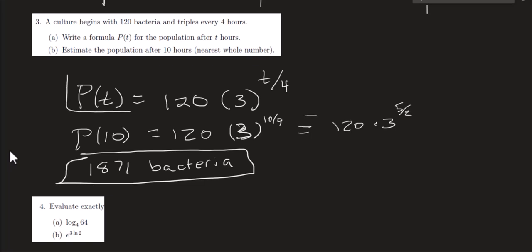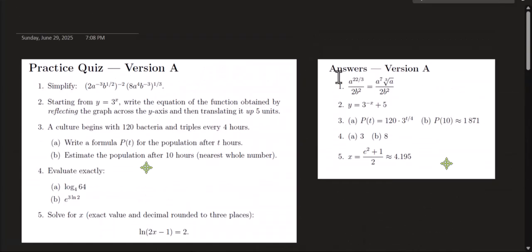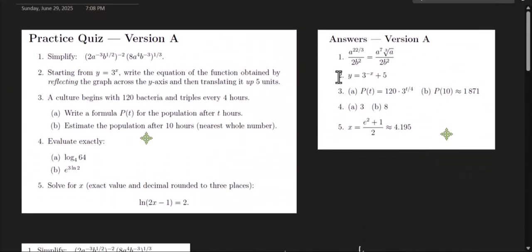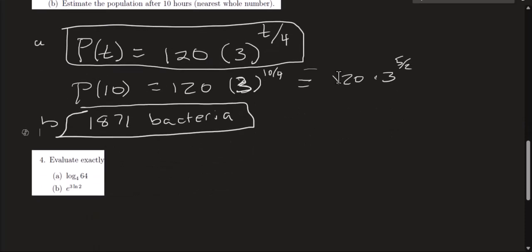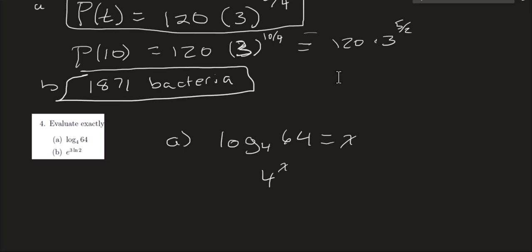Let's see if that's the right answer. That's part A, part B. Yep. And then evaluate exactly log base 4 of 64. So we'll say log base 4 of 64 equals x. That's the same thing as saying 4 to the x equals 64.